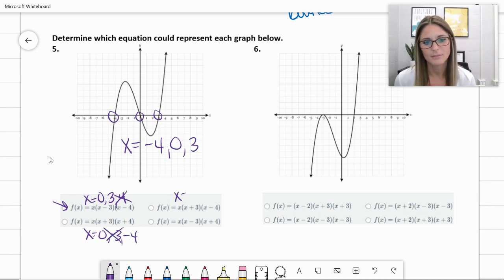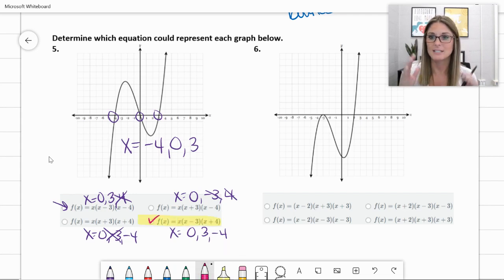Top right, 0, -3, +4. Oh, so close. Hopefully the last one, 0, +3, negative 4. There it is. There it is. That bottom right one finally represents the correct x-intercepts.